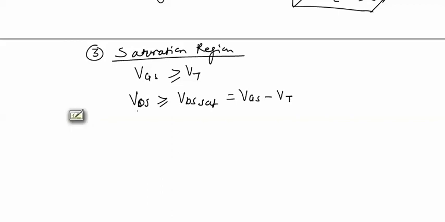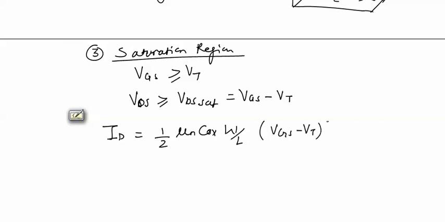So if VDS is greater than VDS sat, then it will be operating in the saturation region, and in the saturation region, drain current ID is given by 1 by 2 mu n into C oxide into W by L into (VGS minus VT) whole square.